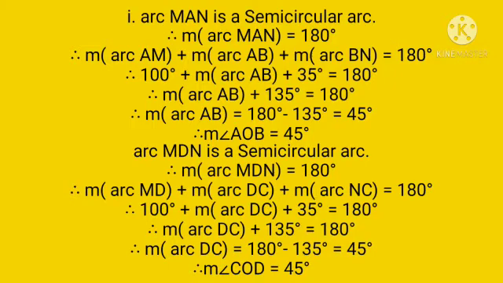Therefore, measure of arc DC is equal to 180 minus 135, which is equal to 45 degrees. Therefore, measure of arc DC is equal to 45 degrees. Therefore, measure of angle COD is equal to 45 degrees since it's the central angle.